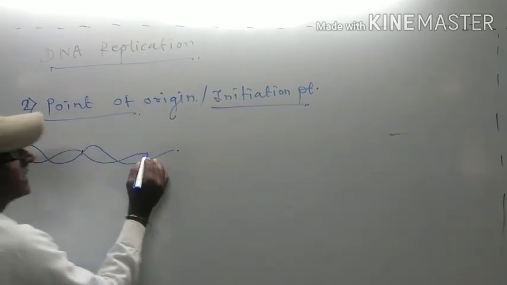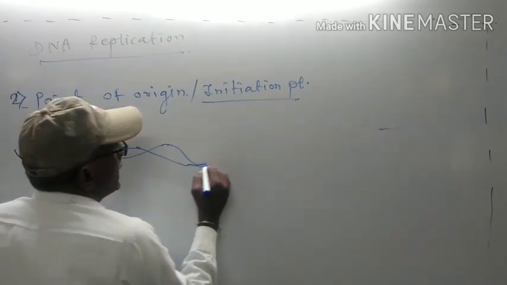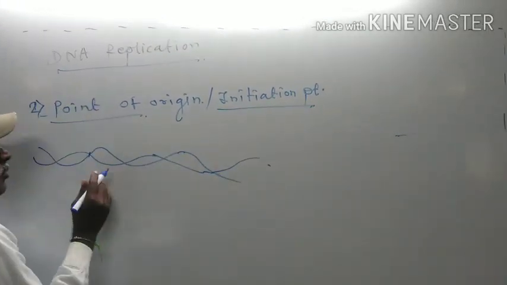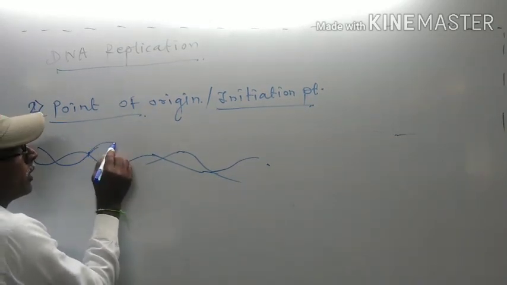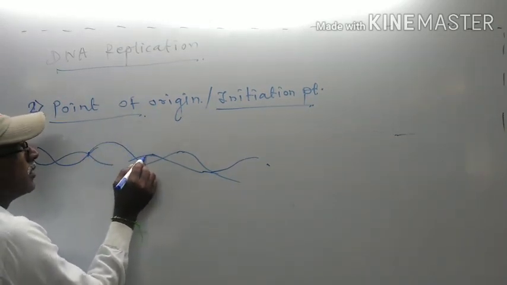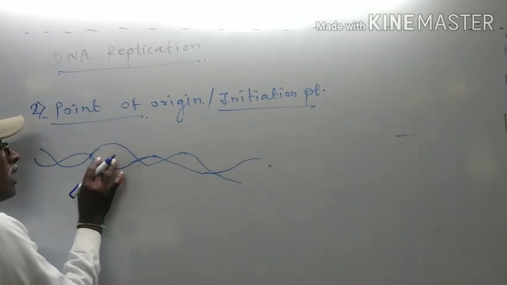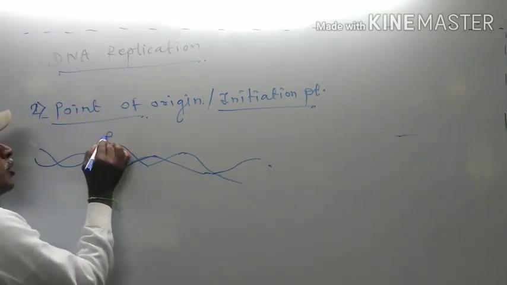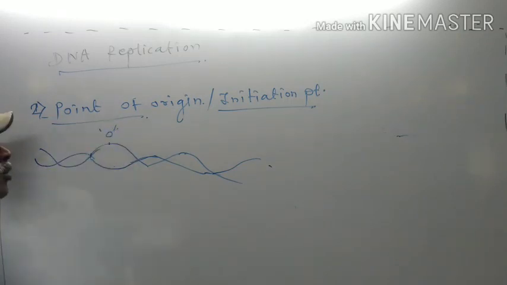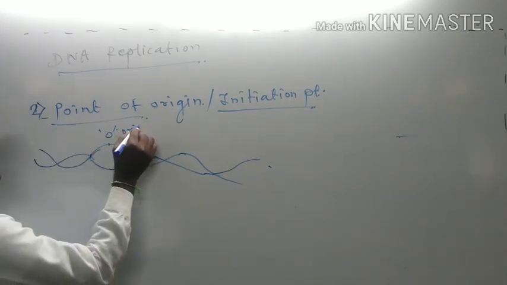Particular sites are there on this, and at a certain point, this point is called O. This is the origin.